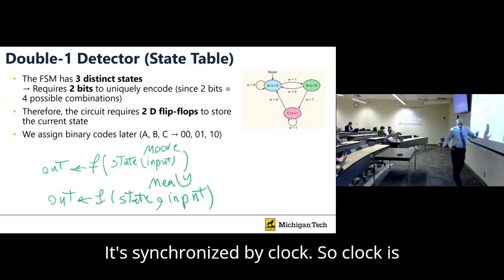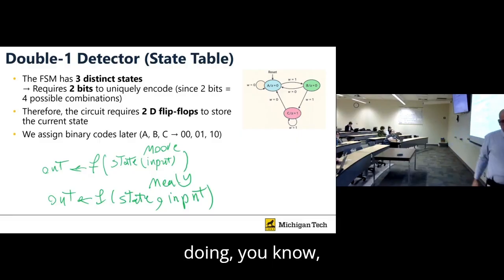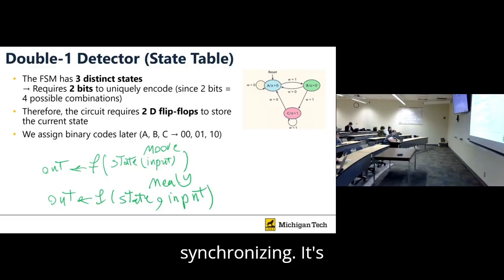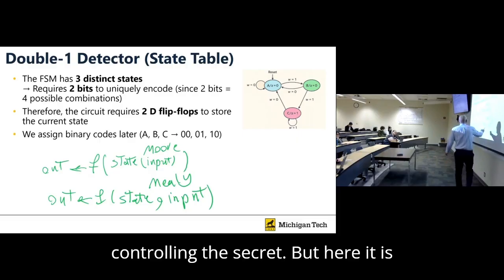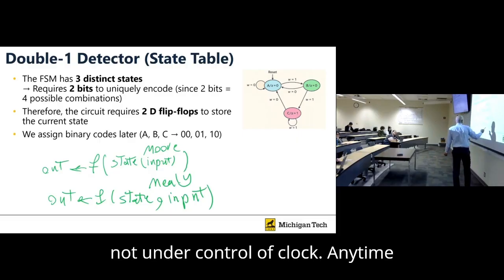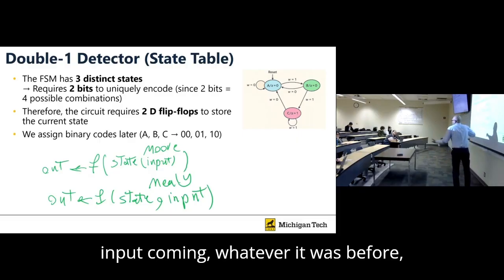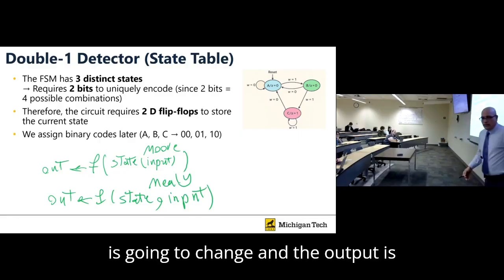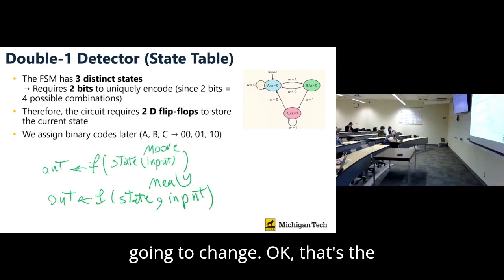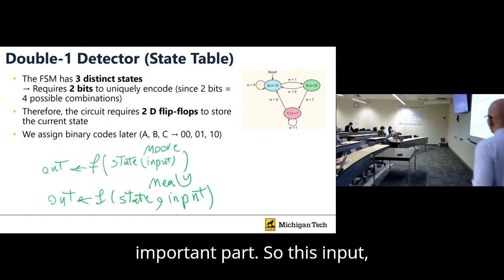It's synchronized by the clock. The clock is controlling the circuit. But here it is not under the control of the clock. Any time input comes, whatever was before is going to change, and the output is going to change. Okay, that's the important part.